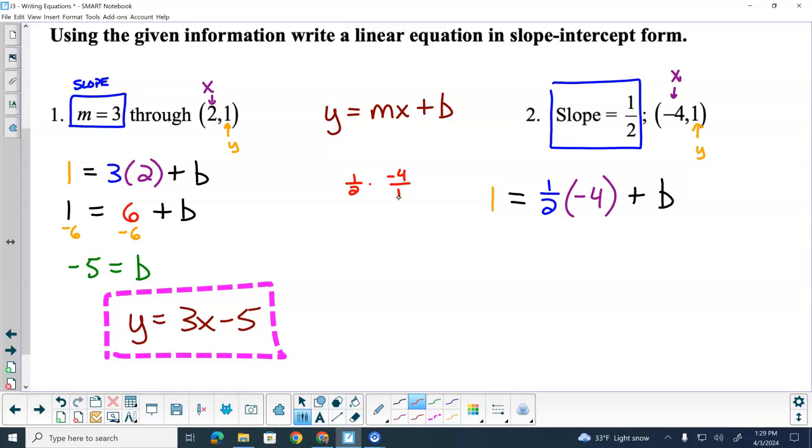Across, right? Okay. So what is 1 times -4? -4. What is 2 times 1? 2. Do I like the fraction -4 over 2? No? Okay, so what does it reduce down to? -2. Yeah, exactly. So this is -2.